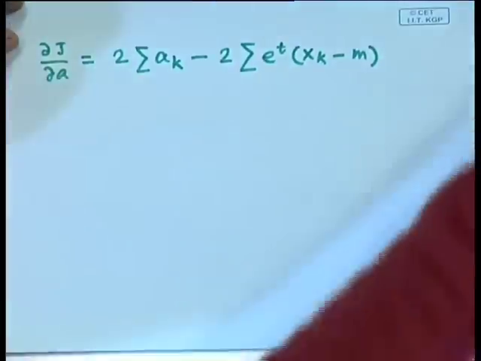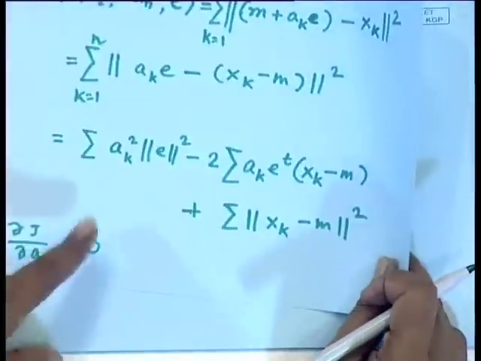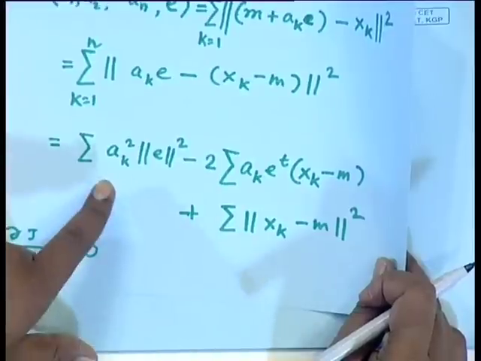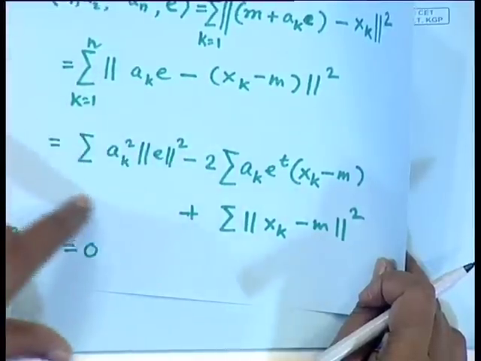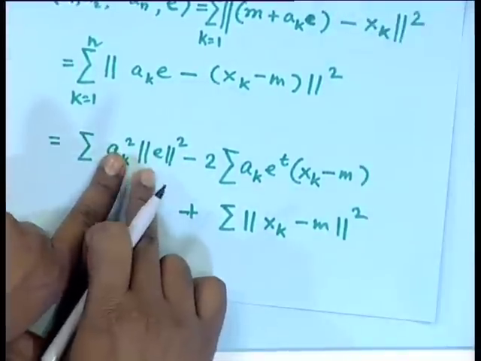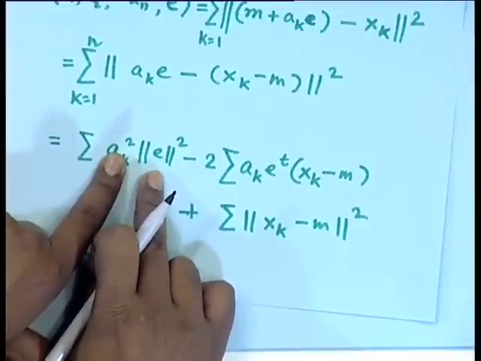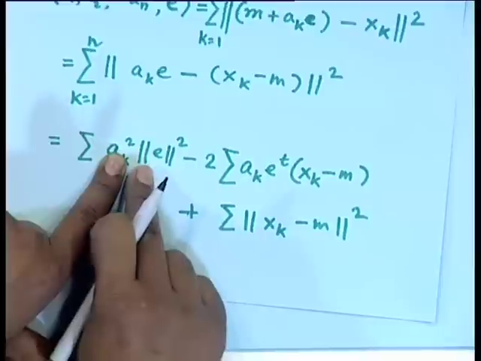What I forgot is that the mod of E is equal to 1, because it is a unit vector in the direction of the line.